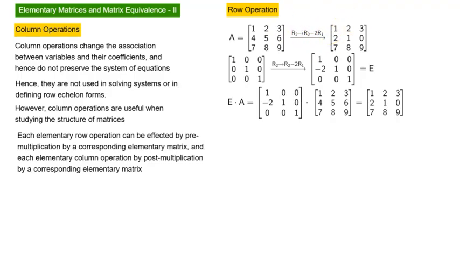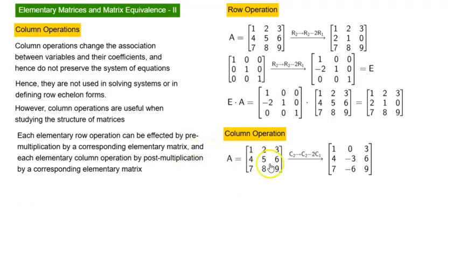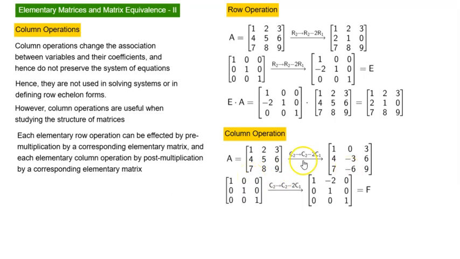Now, when it comes to column operation, we have the same matrix A, and now we are carrying out the column operation C2 minus 2C1. So 2 minus 2, 0. 5 minus 8, minus 3. 8 minus 14 is minus 6. We apply the same operation to the identity, that is a column operation, to get 1 minus 2, 0, 0, 1, 0, and 0, 0, 1.